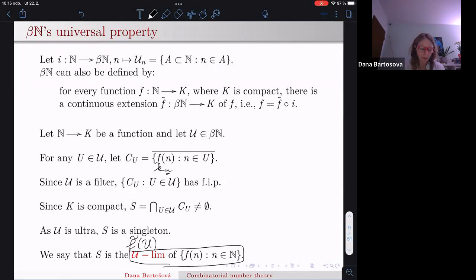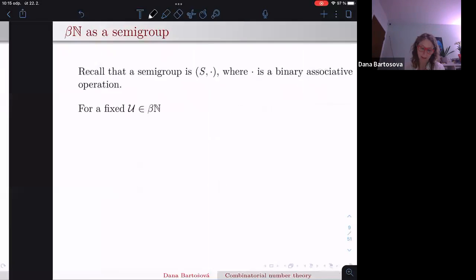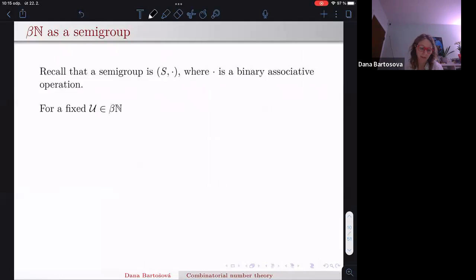Okay, so now we will be using this extension property on n itself. And the function that we will be looking at is just going to be the addition on natural numbers. You can, of course, have multiplication on natural numbers, and that's going to work the same. In general, you can have any semigroup. So what is a semigroup? Semigroup is just a set equipped with a binary function symbol, which is interpreted as an associative operation, right?